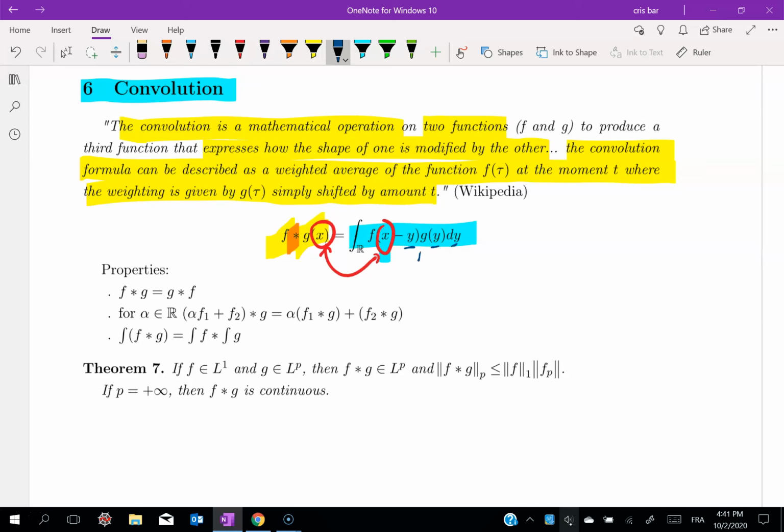So we've got g of y, and we've got f of x minus y. That's the f that is shifted by the amount, so the operation indicated here represents a shift.